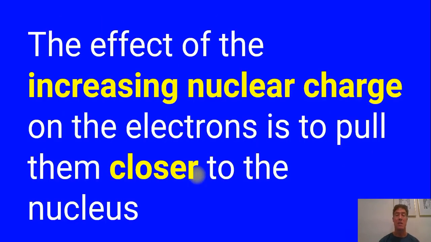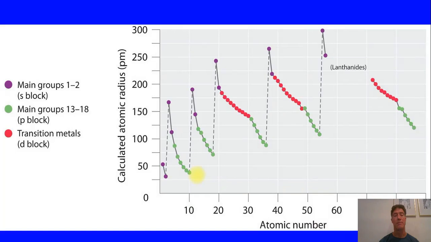We call this increasing nuclear charge, and that's what accounts for the decreasing size of the atoms and ions as we go left to right. So if we look at this graphically, we can see when we go from hydrogen to helium, our size goes down, but then we add a new shell, and here we are at lithium.